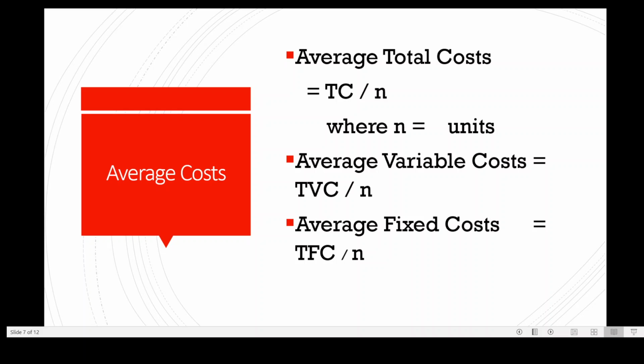If you look at the averaging of costs, total cost is equal to total fixed cost plus total variable costs. You can average the total cost by dividing it by the number of units produced. Similarly for variable costs and for fixed costs.